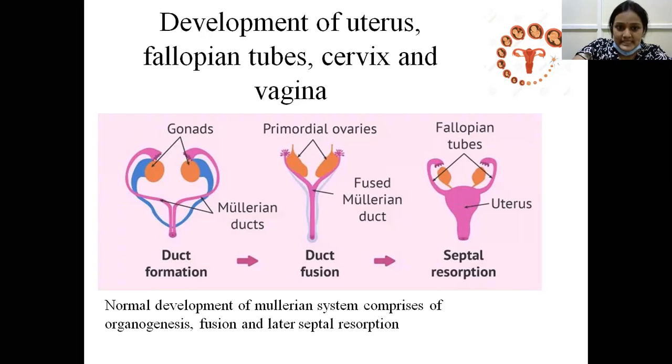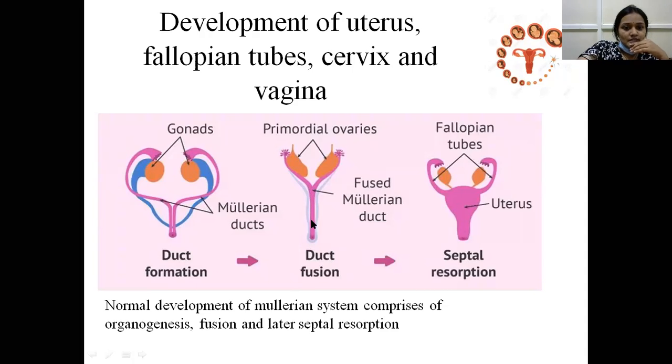So here, you see these are the two Mullerian ducts on either side. These are the gonads, that is the ovaries. Here we'll discuss only the female genital system, so the gonads are the ovaries. This is organogenesis, the first formation of the Mullerian duct, and then occurs the ductal fusion. From the middle part, the ducts have fused to become one.